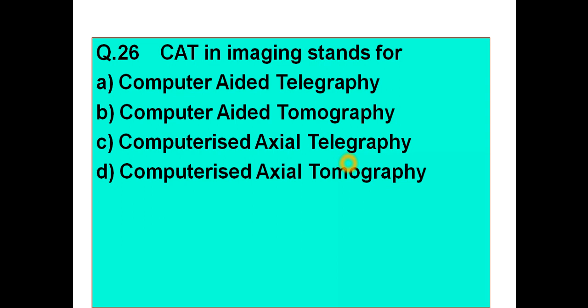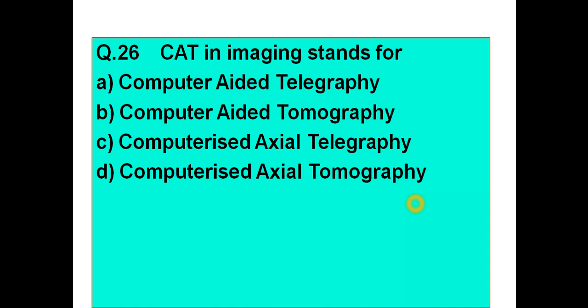Question number 26: CAT in imaging stands for option A, computer aided telegraphy, option B, computer aided tomography, option C, computerized axial telegraphy, and option D, computerized axial tomography. This CAT term is very famous, and I suggest that all of you know a little bit about this CAT.